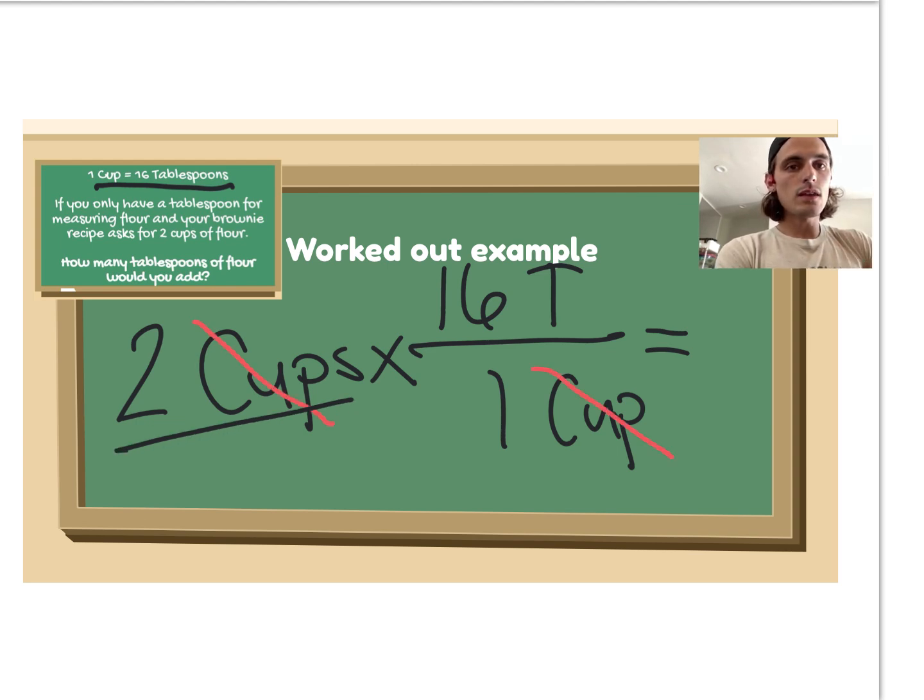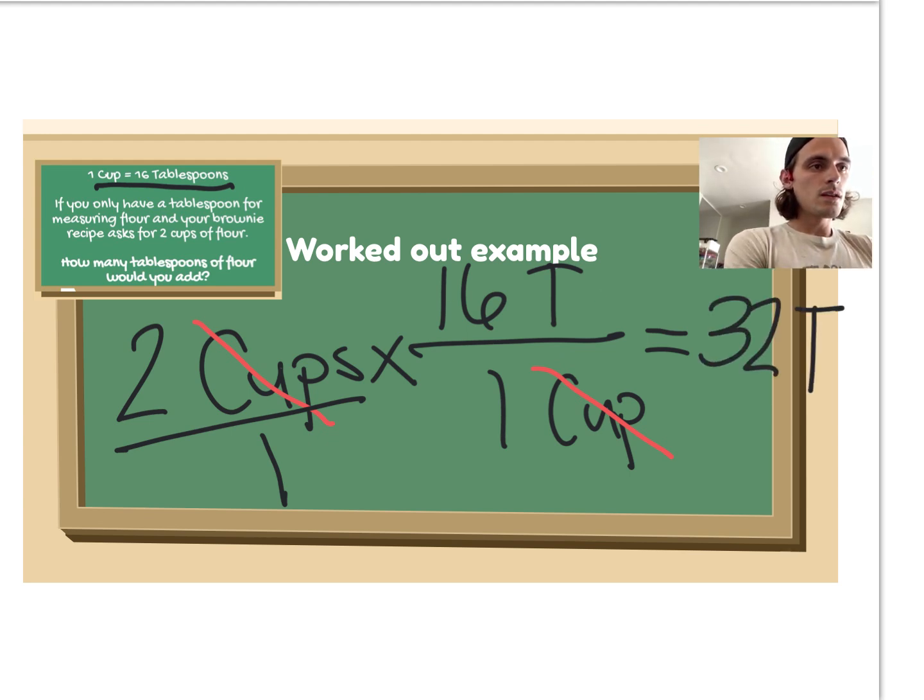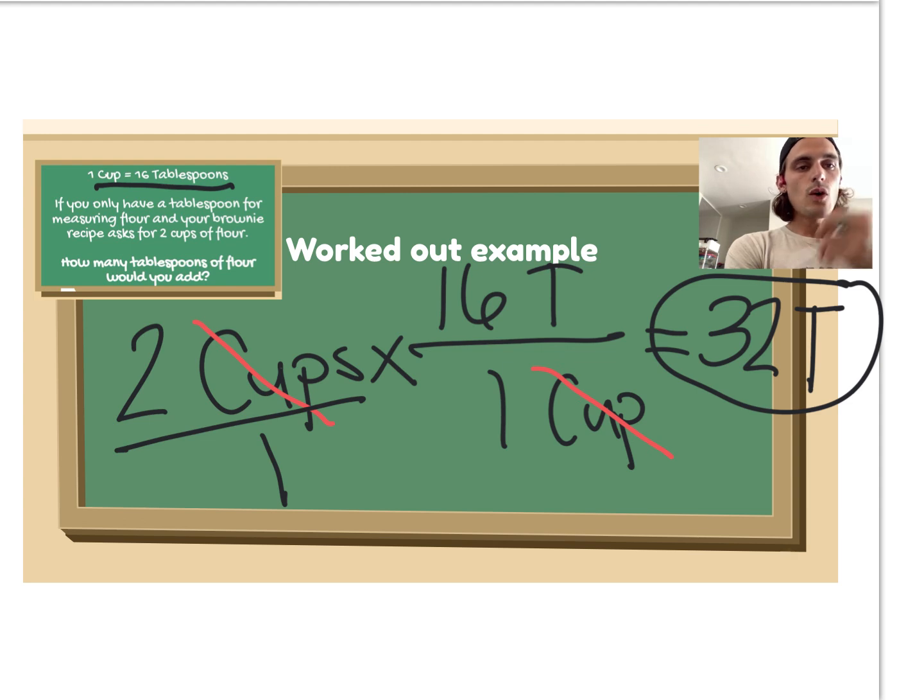Remember, we could write this as over 1 if we wanted. So it's 2 cups times 16 tablespoons, which gives us 32. And since our cups canceled out, we're just left at the end with 32 tablespoons. So hopefully that was helpful. That's dimensional analysis and unit conversions.